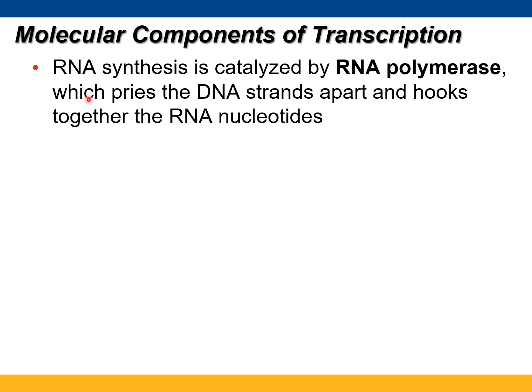Remember that we had to have helicase to melt the DNA strands, to pry those strands apart. In the same vein that DNA polymerase 1 had exonuclease activity in addition to polymerase activity, RNA polymerase has helicase activity in addition to its polymerase activity.